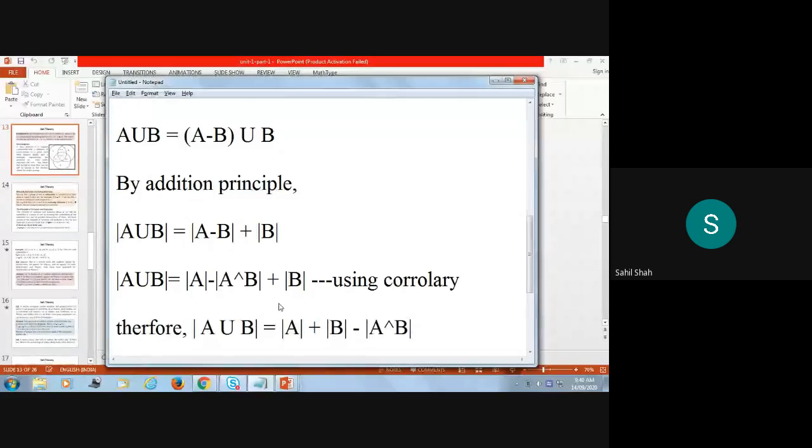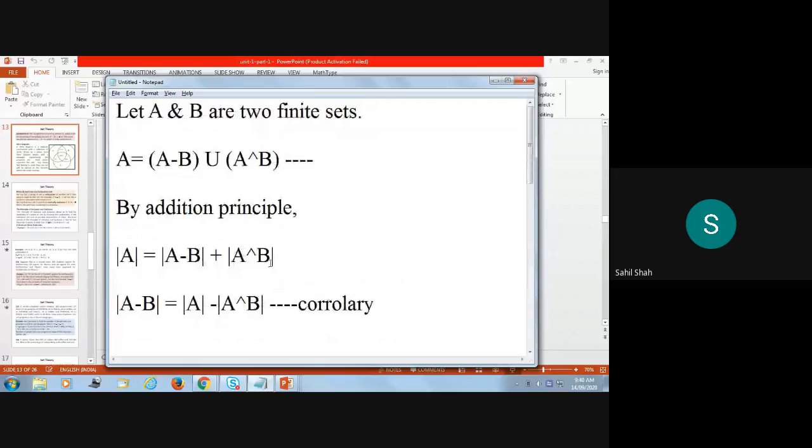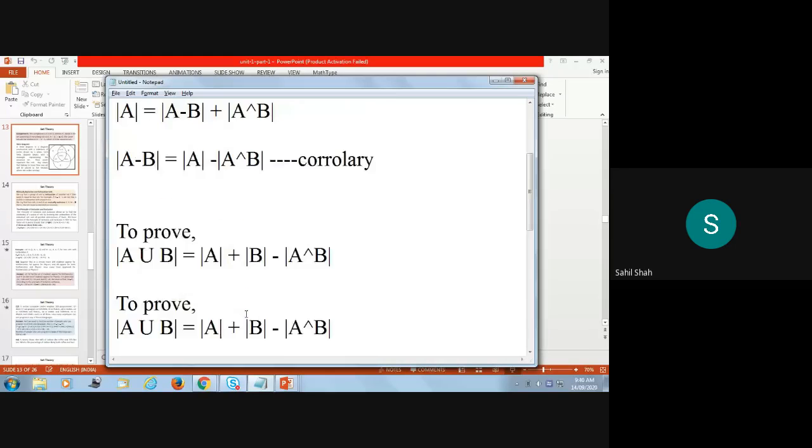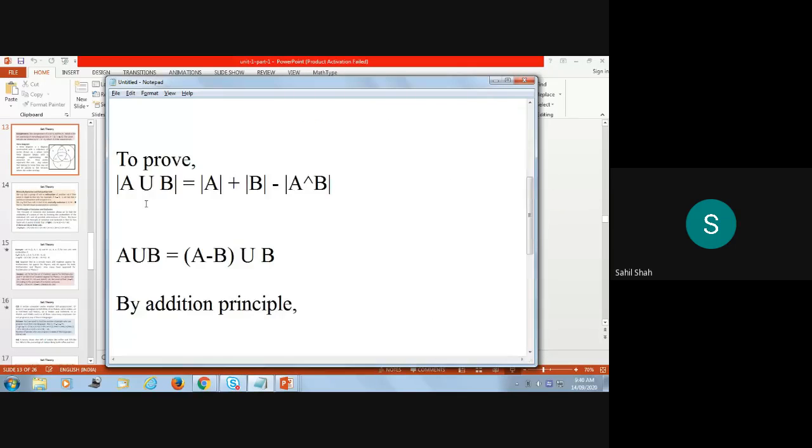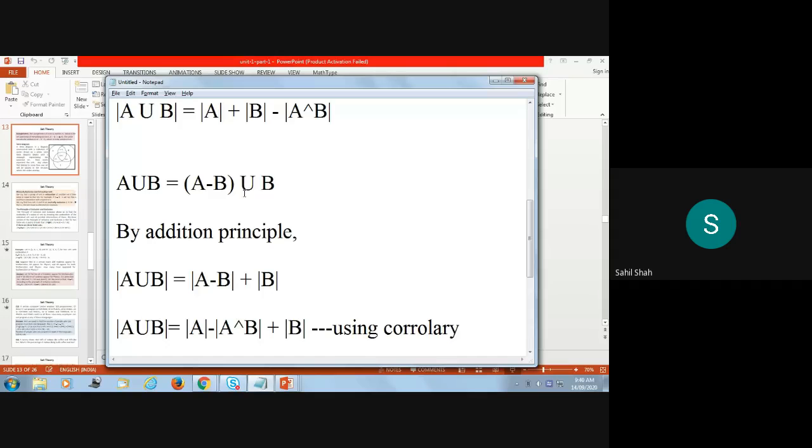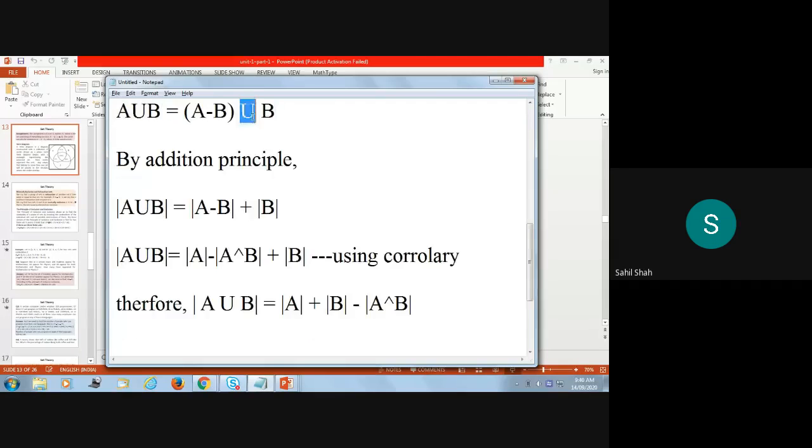See why I showed you the first corollary. Here we have seen the corollary. We were able to write the symmetric difference in terms of A minus A intersection B. Further, for proving this principle of inclusion exclusion, we have written A union B as the union of two disjoint sets, A minus B and B. I have made use of the addition principle, which says that if there is a union operation between two sets and those two sets are disjoint, then we can simply add up their cardinalities.